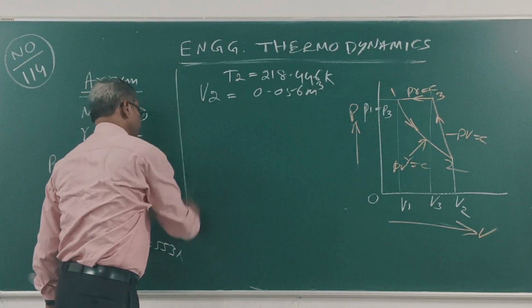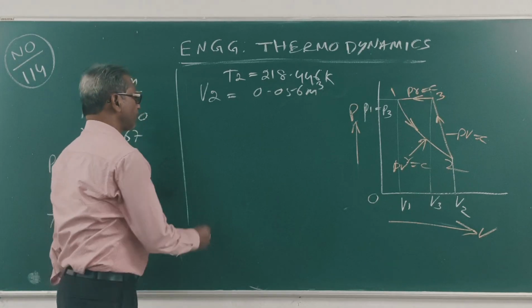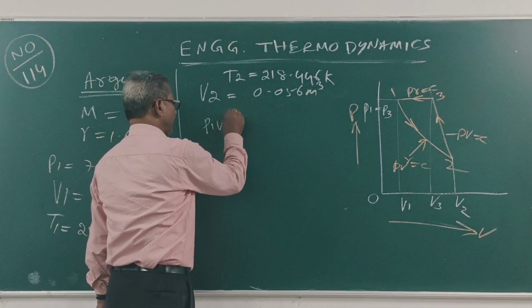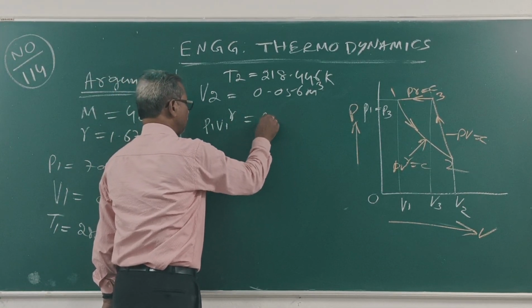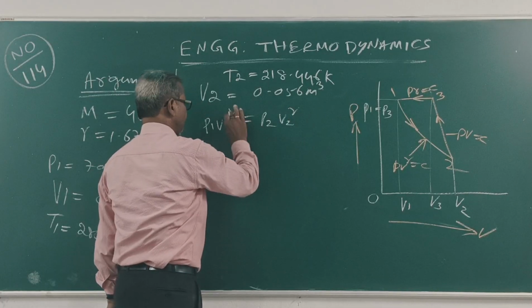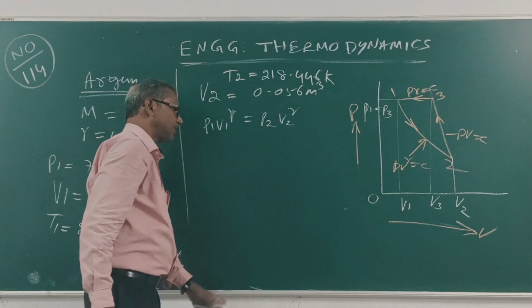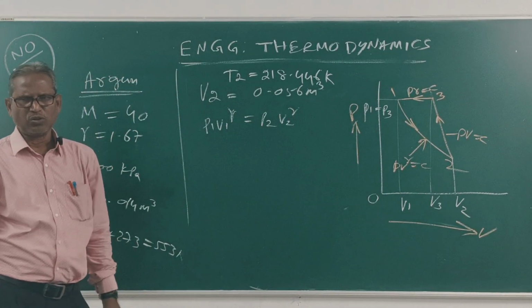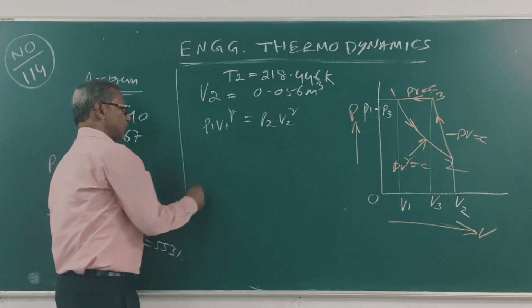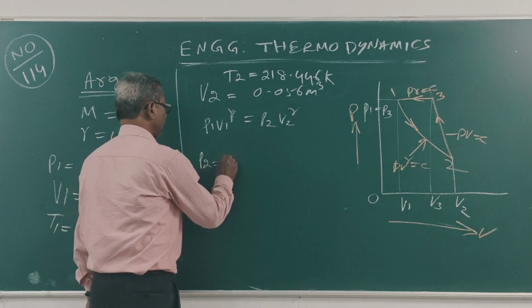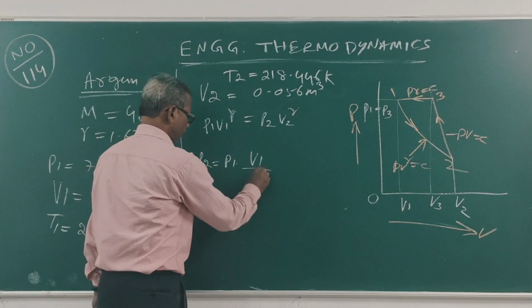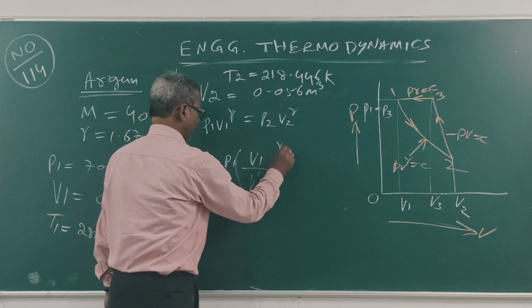So what is P2? P1 V1 to the power gamma is equal to P2 V2 to the power gamma. Clear? So P2 is equal to P1 into V1 by V2 to the power of gamma.